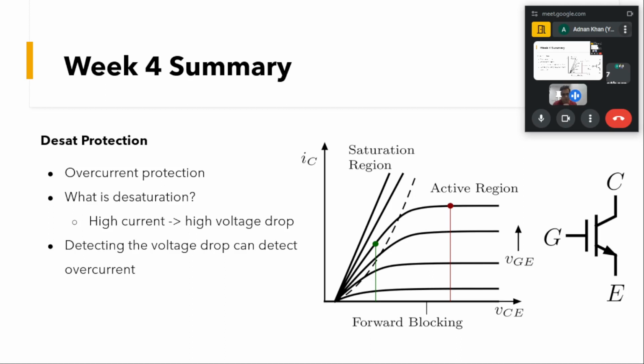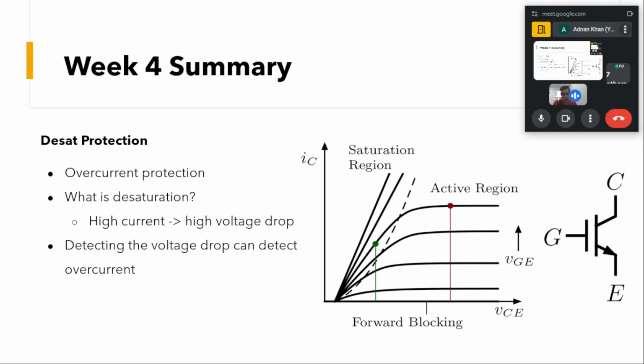Also, if a huge amount of current flows through the device, there will be losses across the device, I square R losses with the RDS on that we had seen, and our devices may heat up, which may in turn damage the device. So what we need to do is protect our devices from these high currents. One way is that we may sense our currents.